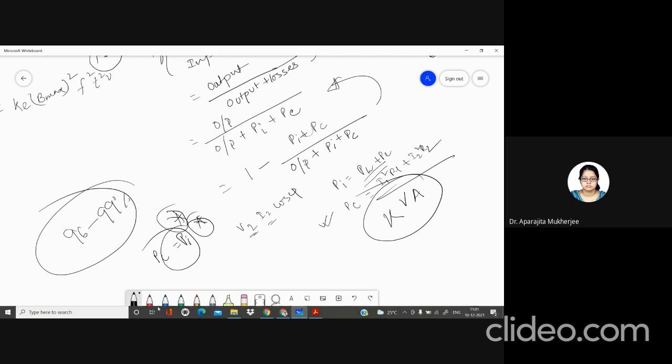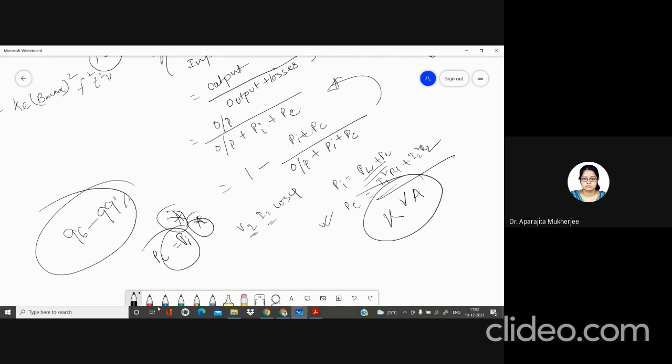This is also an important concept for short answers. For a 2 marks question, it may be asked when the transformer will give maximum efficiency. Four options: copper loss greater than iron loss, copper loss equal to iron loss, copper loss less than iron loss, and none of the above. So you have to choose the correct answer. And this is all about the single phase transformer.